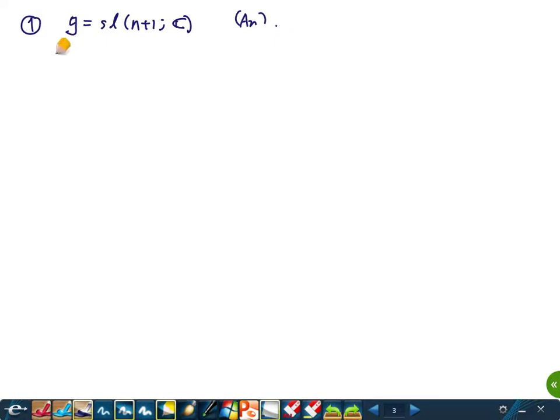First of all, the compact real form we already know. K is SU n plus 1. We know that G is the complexification of this. But what is this?